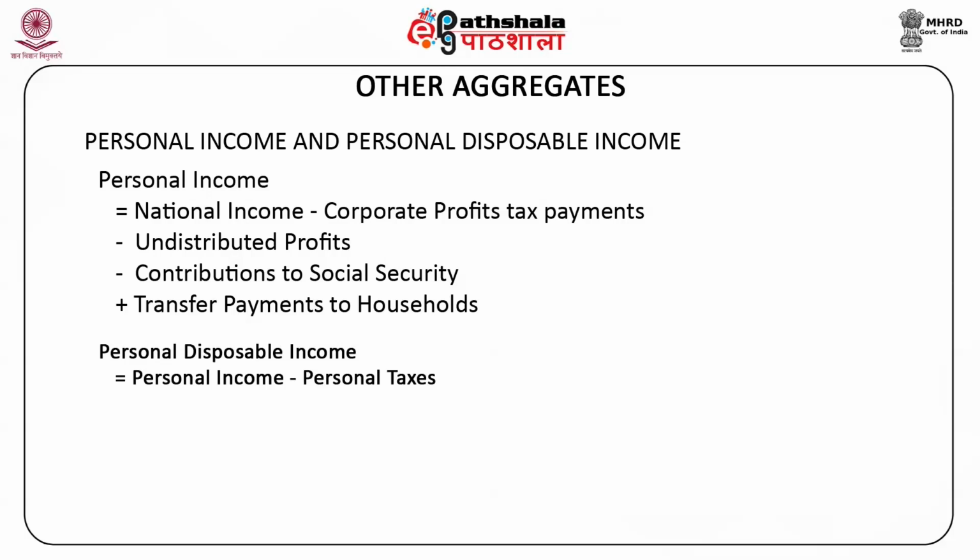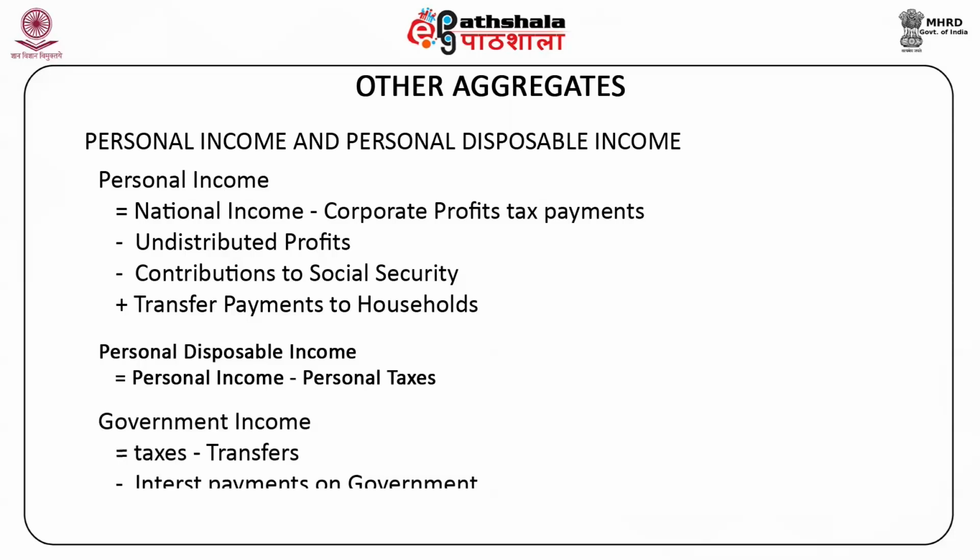The personal disposable income is equal to personal income minus personal taxes. Further, the part of income not available for private sector is the government's income. The government income is equal to taxes minus transfers minus interest payments on the government debt.